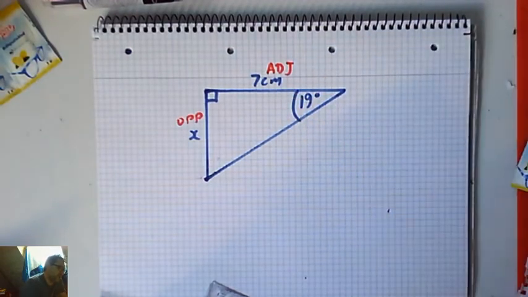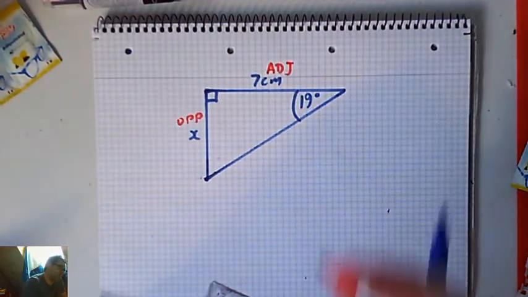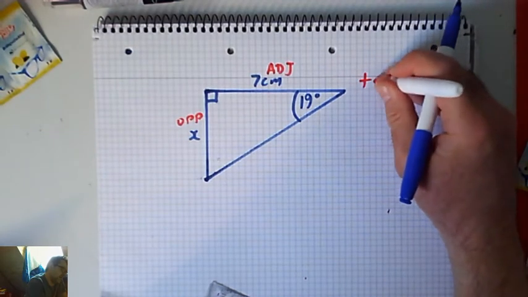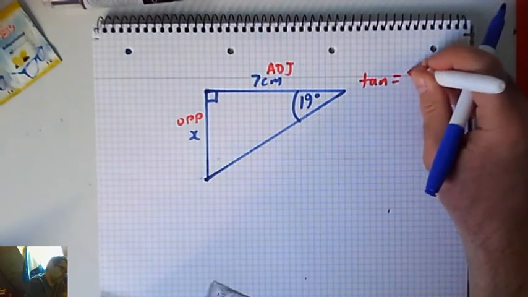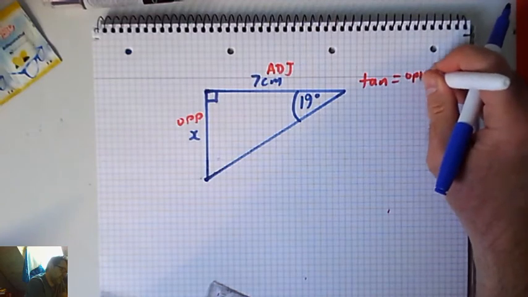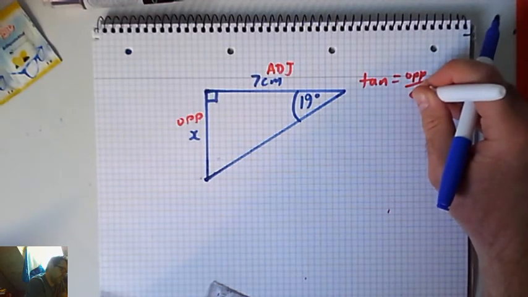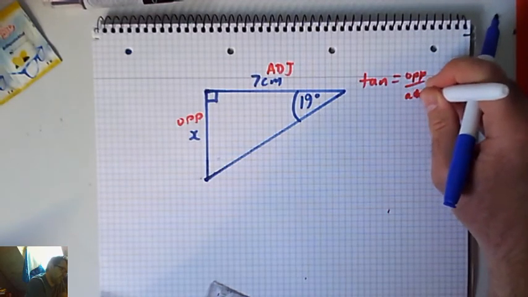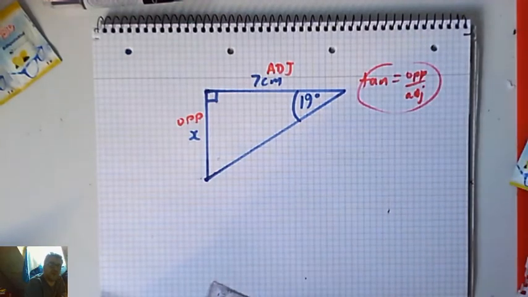So in this triangle we've got the opposite and the adjacent, and if you remember your trig ratios, and usually in an exam they're given to you anyway, tan equals opposite over adjacent is the one that we need to use in this problem.